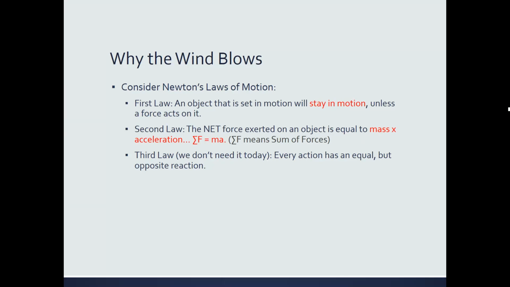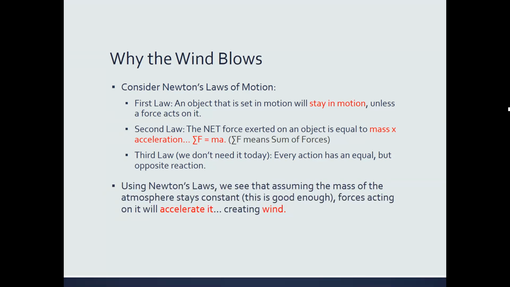But taking these three laws together and talking about the wind, here's what we need to know. Using Newton's laws, first we're going to assume that the mass of the atmosphere remains constant. And this isn't exactly true, but it's a good approximation, so we're going to use it. Forces acting on the air will accelerate it, creating wind.